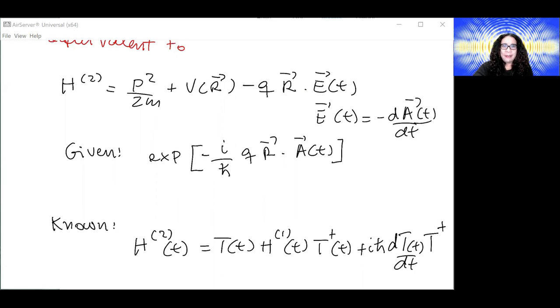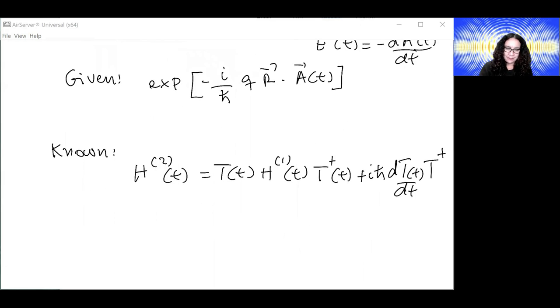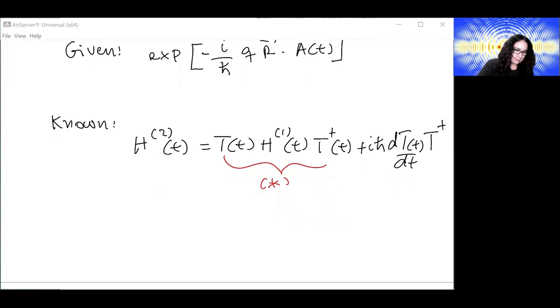The first step is to compute this term, T H1 T dagger.